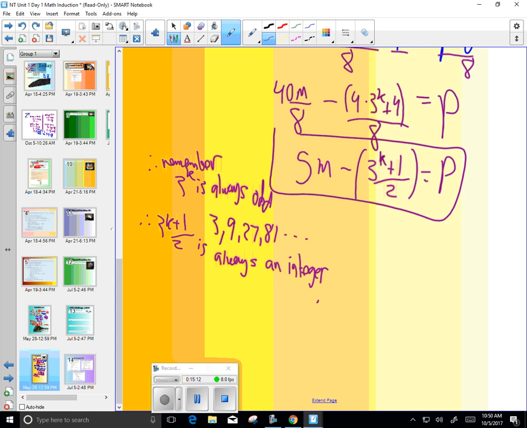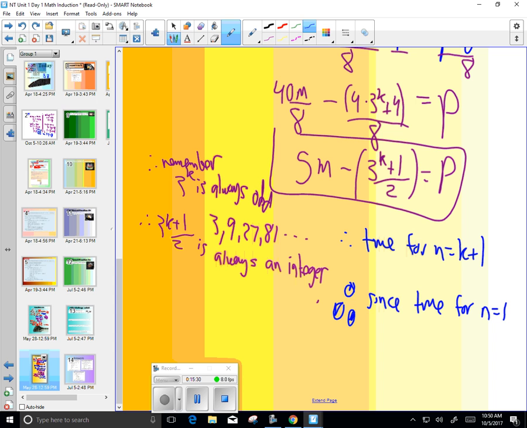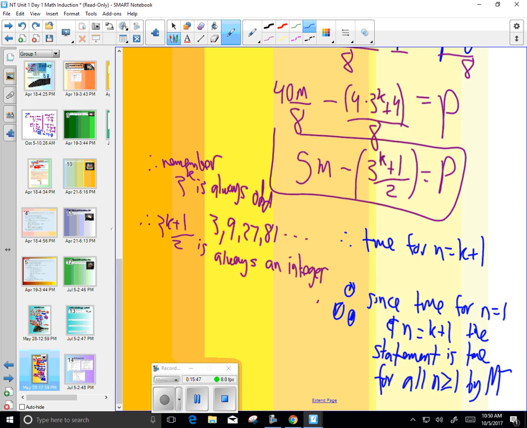So then you would say, therefore true for n equal to k plus 1. Therefore, since true for n equal to 1 and n equal to k plus 1, the statement is true for all n greater than or equal to 1 by math induction.